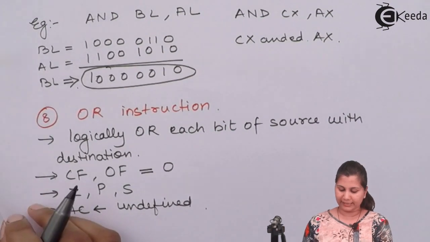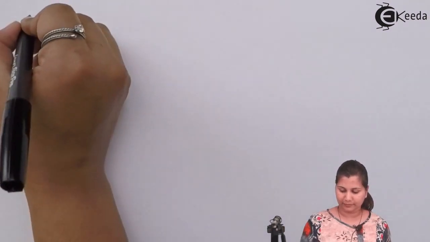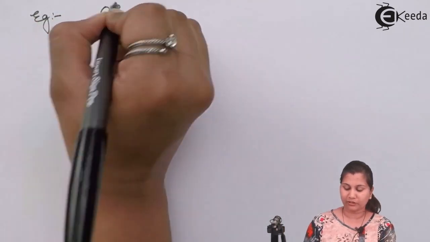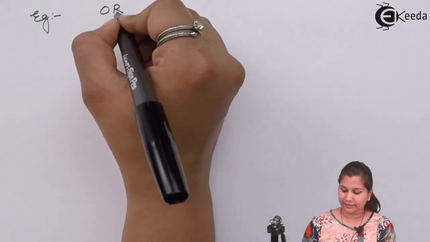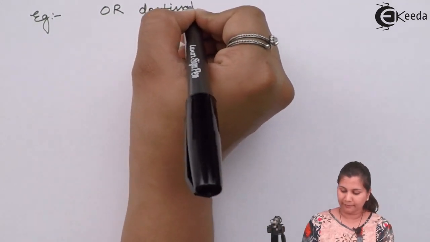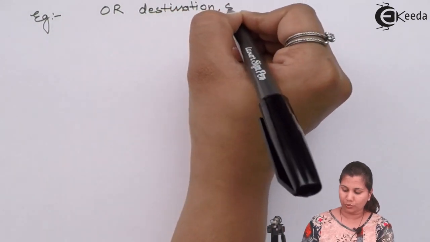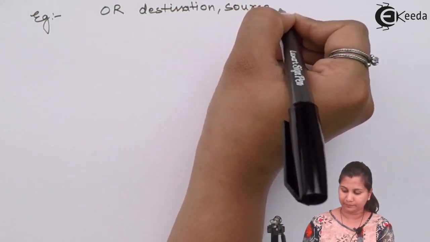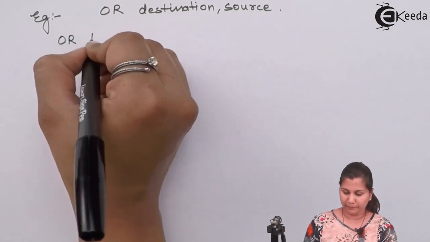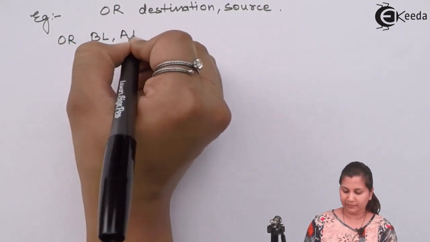So if we take the examples, its general format will be: we write the OR instruction, then the destination and then the source. For example, OR BL, AL.